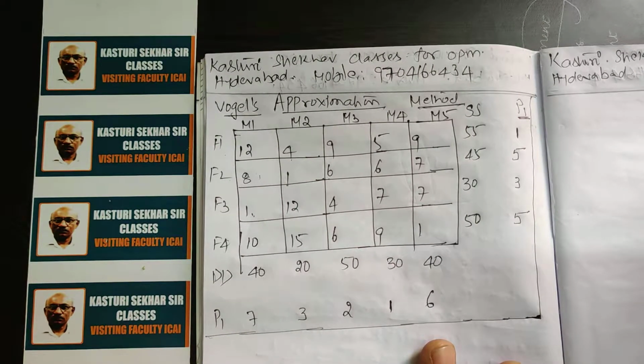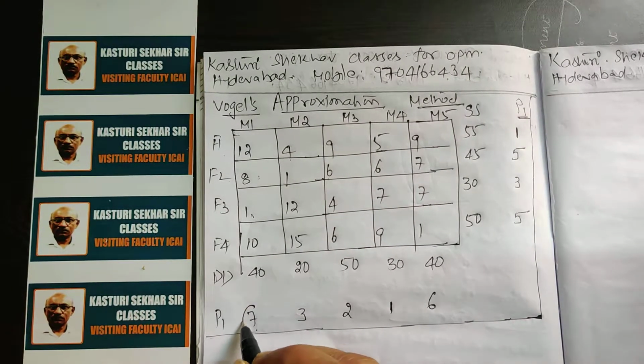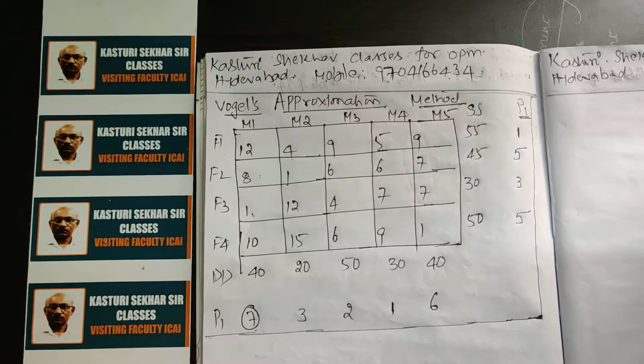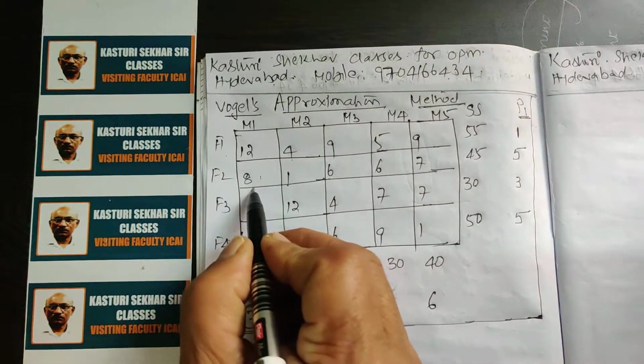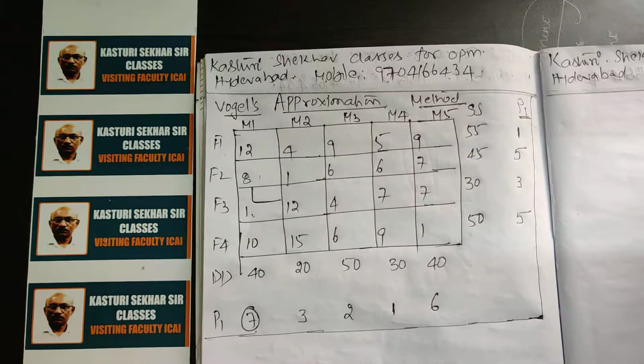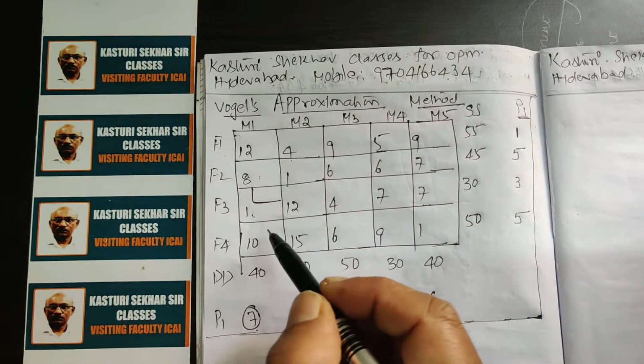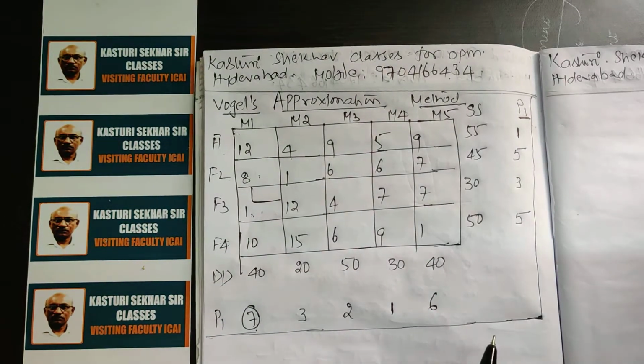Now here highest penalty is equal to 7 rupees. Corresponding to this highest penalty, least value is 1 rupee.